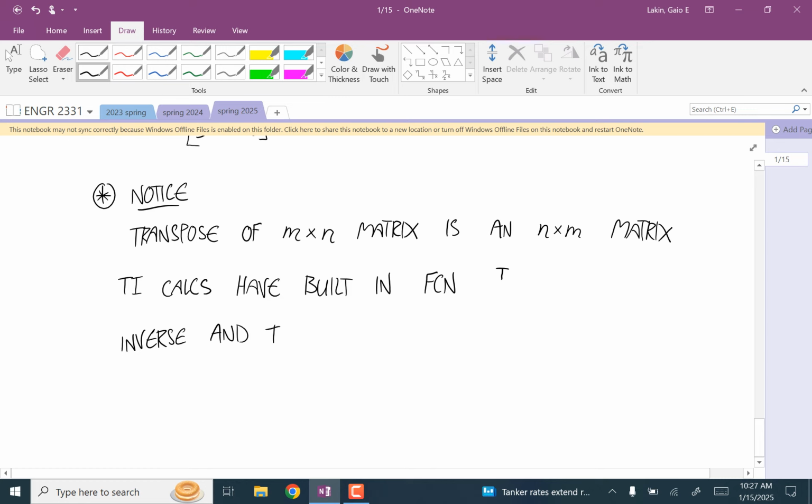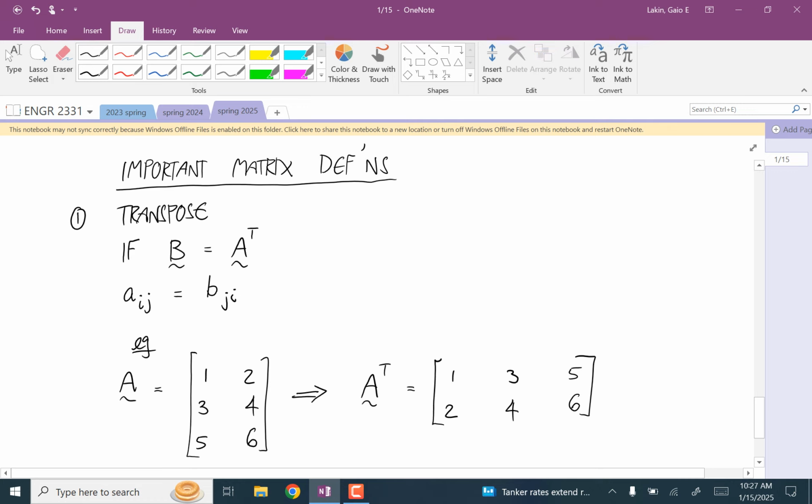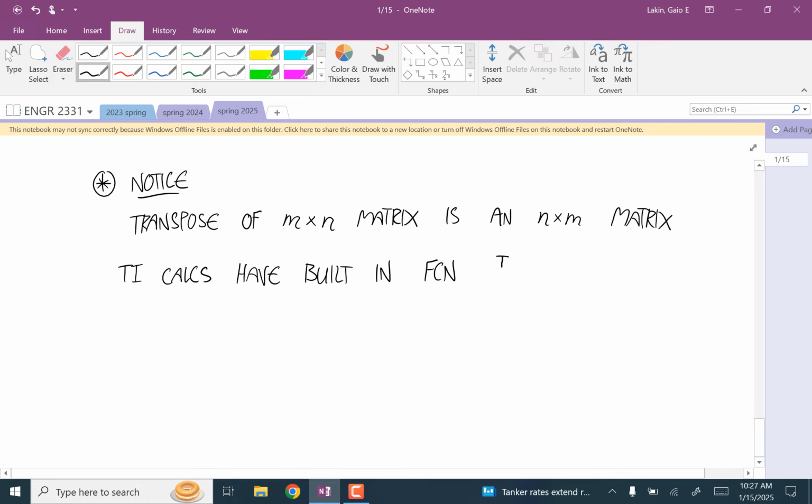Has everyone heard of an inverse matrix before? Anyone not heard of an inverse matrix before? Okay, so, well, let me just put that in as a second one here. So this is transpose.